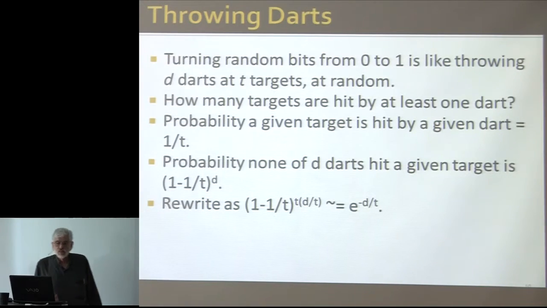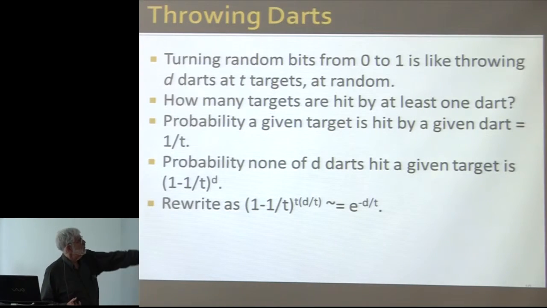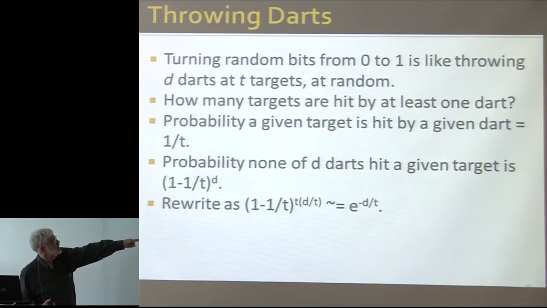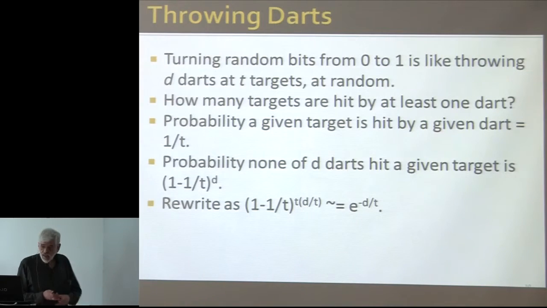Now, I want to write this as well as I've done here. All I've done is I've replaced d by t times d divided by t. That's still d, obviously. But notice what I have, which is 1 minus 1 over t to the tth power. So that's like 1 minus epsilon to the 1 over epsilon. And as epsilon goes to 0, what is that? 1 over e.